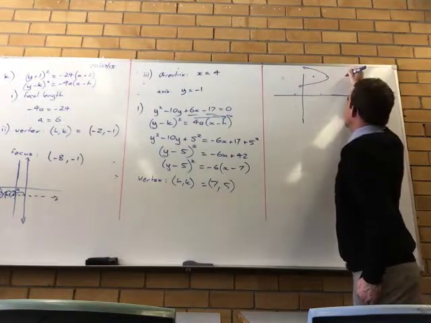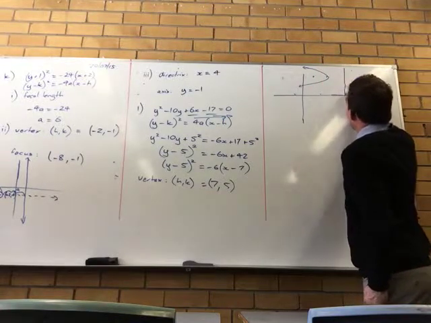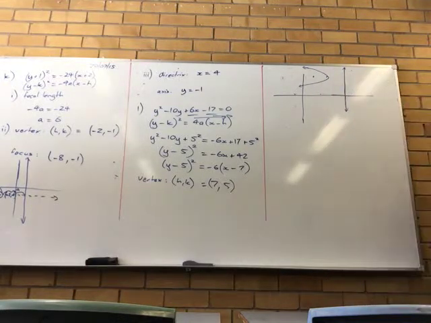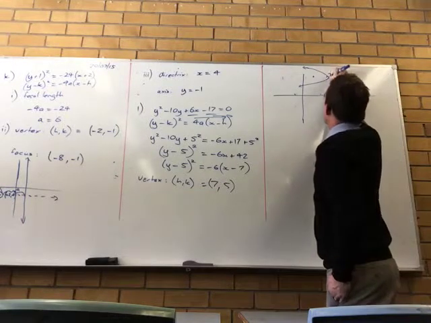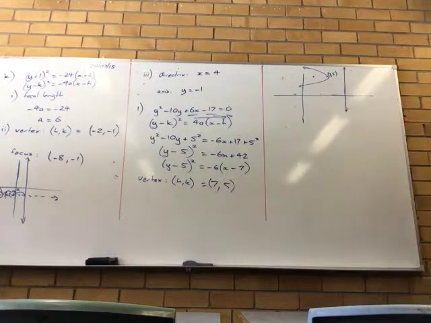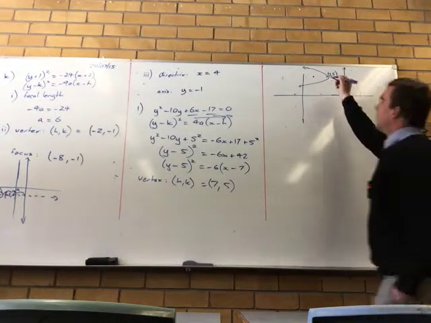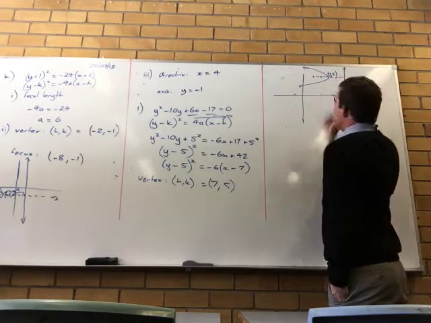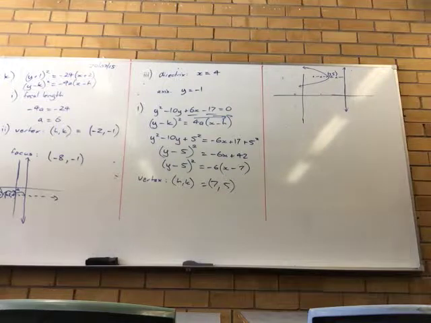The focus is inside, and the directrix is outside. The parabola never crosses the directrix. We have 7, 5 for the coordinates of the vertex that we've already worked out, and then we've got that distance a for the rest of our information.